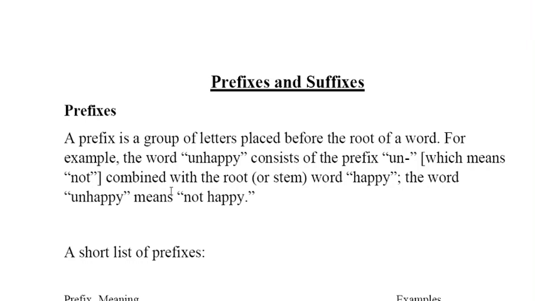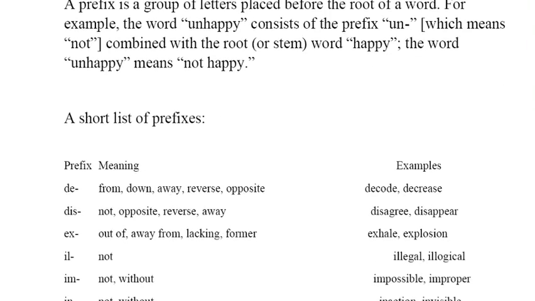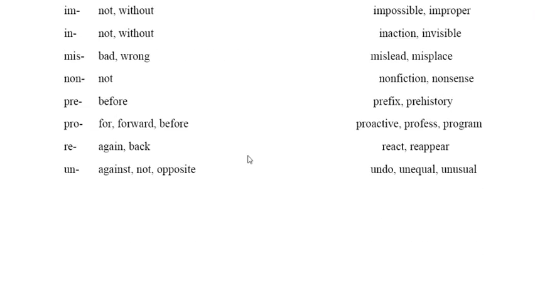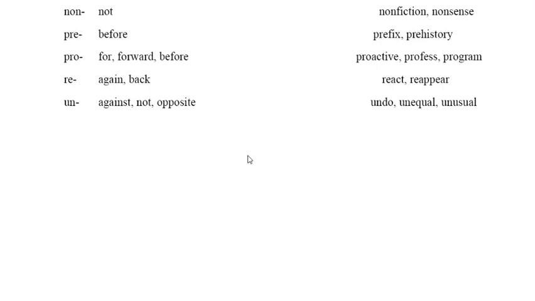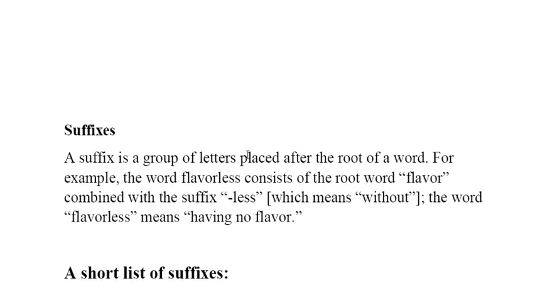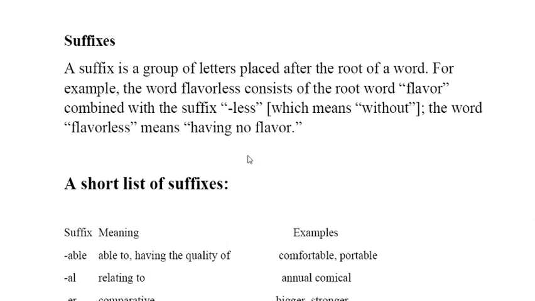Here we see the list of prefixes: ex, il, im, this much. Pre, pro, re, an, this much. And a suffix, that we learned, is a group of letters placed after the root of a word.